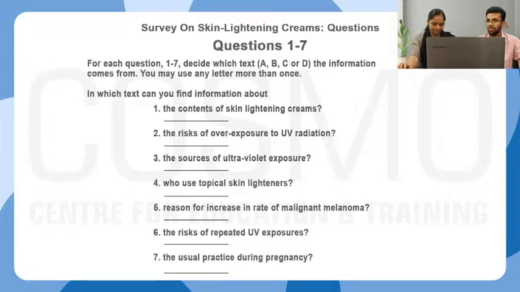The keywords are sources and exposure. Those are the main two keywords in this question. So you have already fast read the four texts. Can you identify from your memory in which text this information can be found? The sources of ultraviolet exposure.